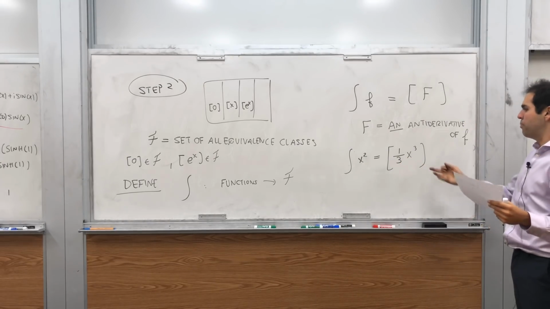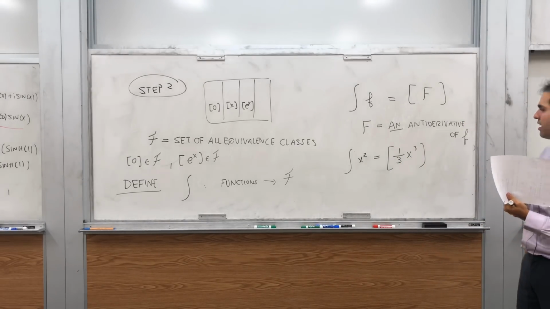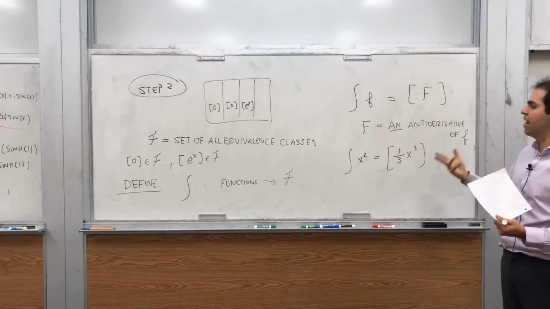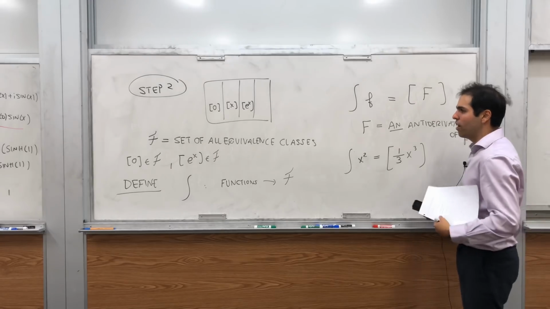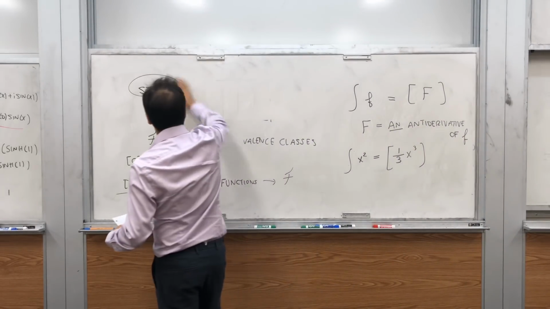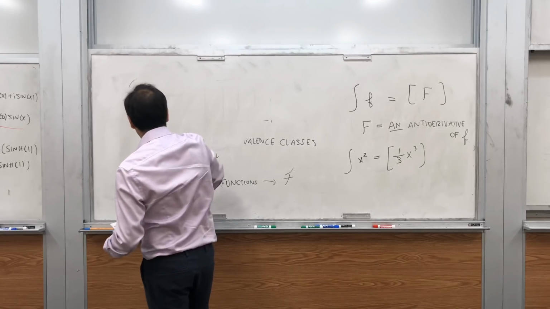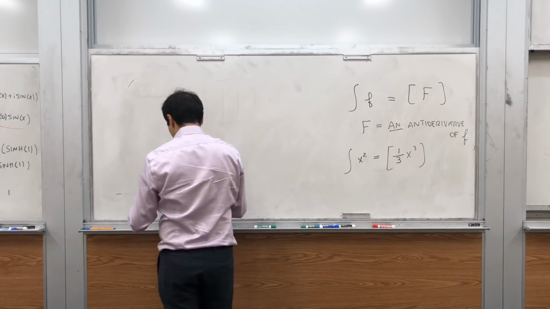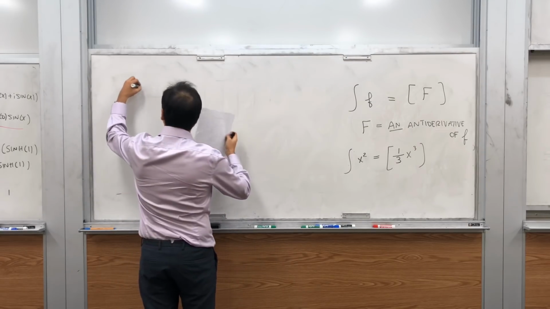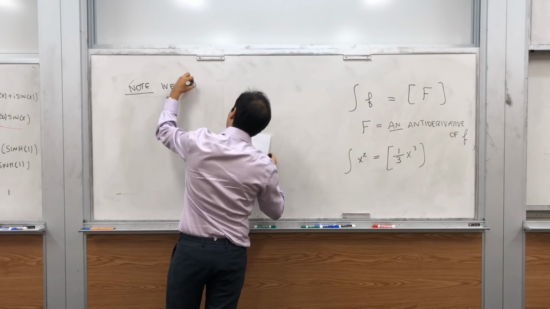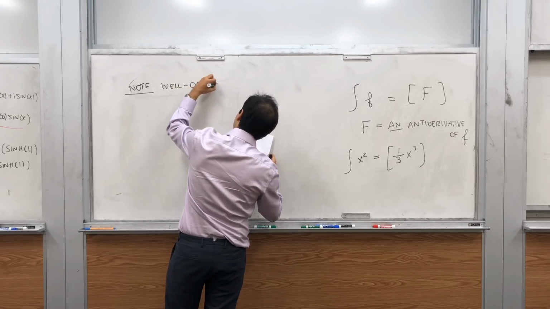Because it would have been a problem if, for example, the class of 1/3 x cubed is not the same as the class of 1/3 x cubed plus 1. Then you would be in two different countries even though you're the same citizen. So note, it's well defined, so it's indeed a legit function.